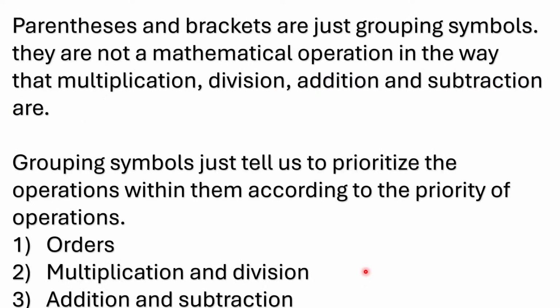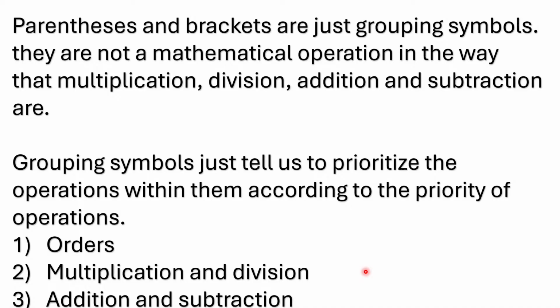Parentheses and brackets are just grouping symbols. They're not a mathematical operation in the way that multiplication, division, addition, and subtraction are. Grouping symbols just tell us how to prioritize the operations inside of them according to the priority of operations.